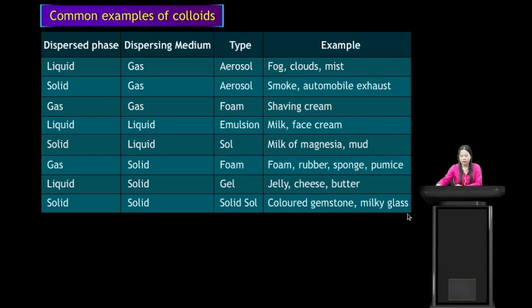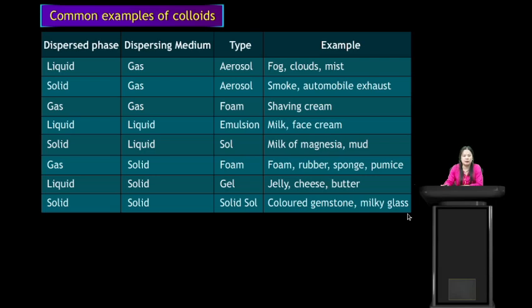All right, students. In today's class, we have discussed suspension and colloids. At first, we discussed concentration, how to calculate the concentration of a solution using some formulas. We can calculate the mass percentage using the formula: concentration of solution is equal to mass of solute by mass of solution into 100.